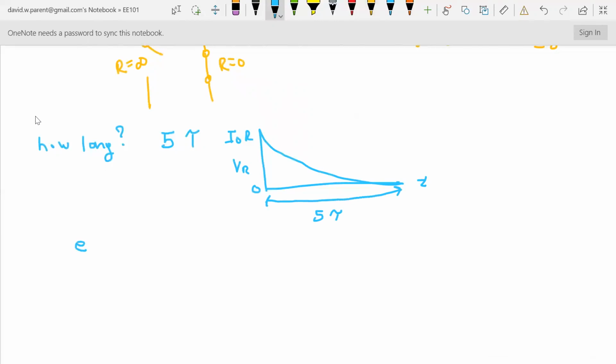So if e to the minus t R over L, when does that get close to 0? I'm going to make tau equal L over R. All right.